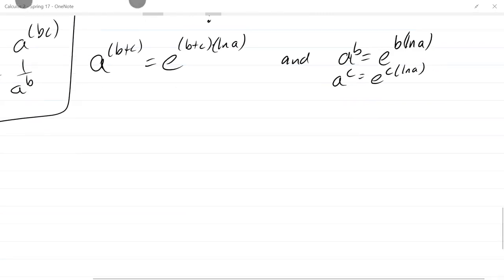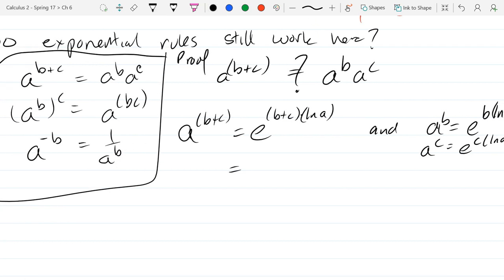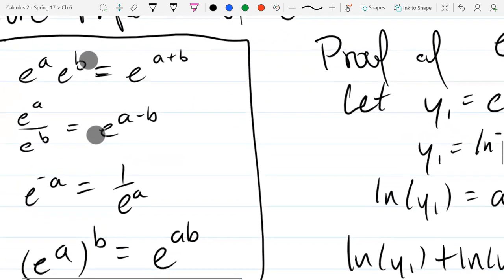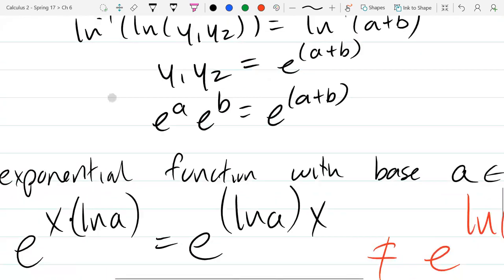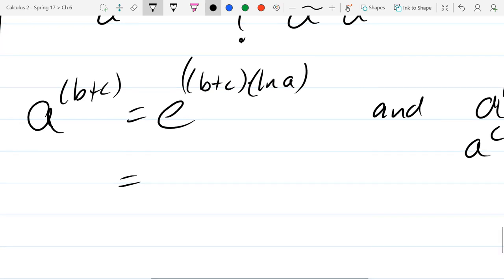So let's keep working on this side right here. The good news is, our base is no longer a. Our base is now e. So I can use all these properties that have base e. I'm allowed to do any of these up here. Let's look just inside the power here.